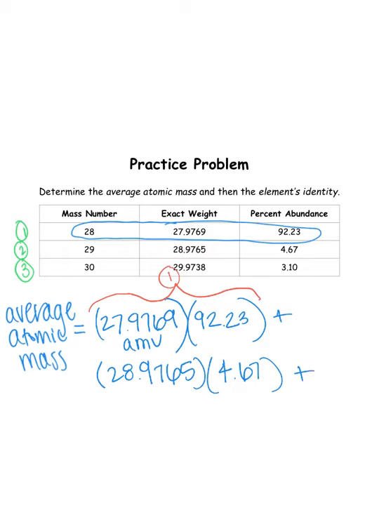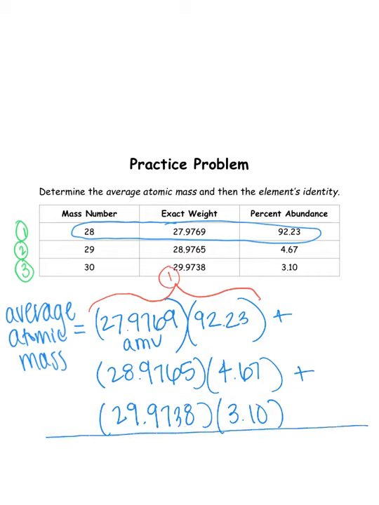And then I'm going to add it to my third isotope, which has a mass of 29.9738 times its percent abundance, which it is the least commonly occurring isotope because it only occurs 3% of the time, which means of all of the atoms out there for this particular element, only 3% of them have a mass of 30.